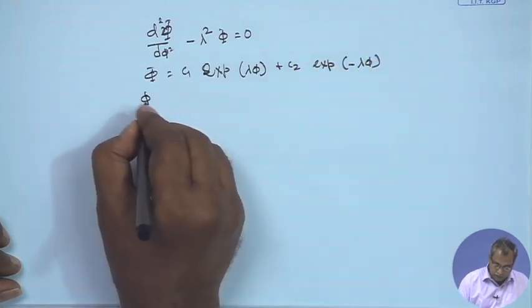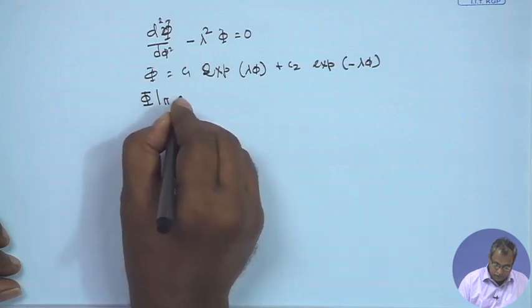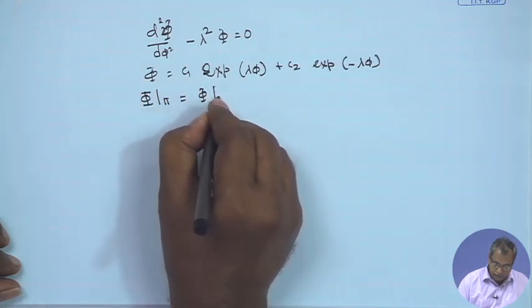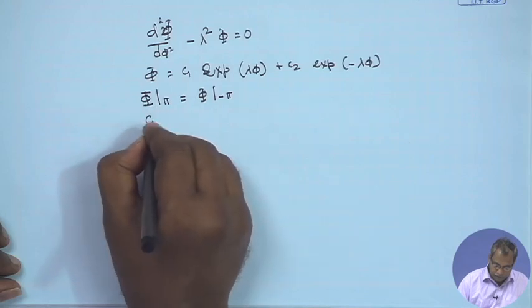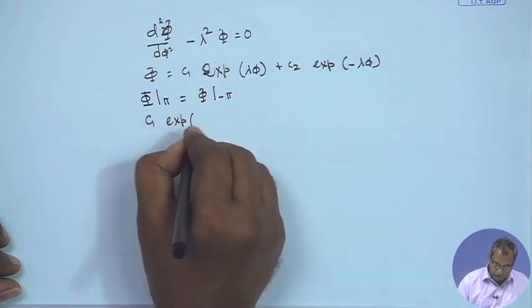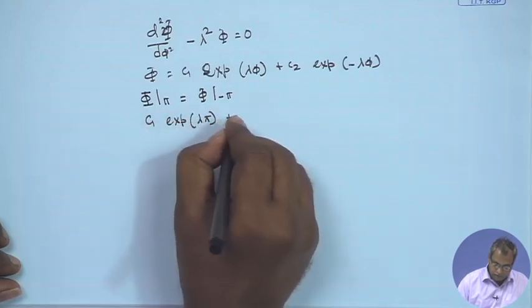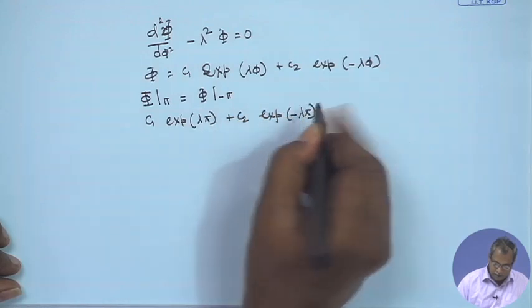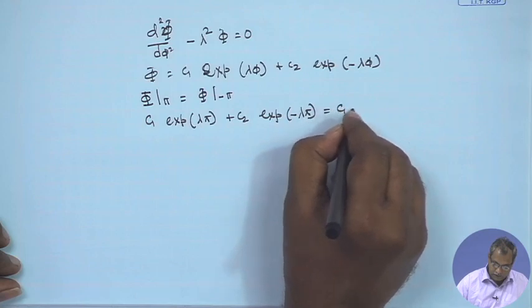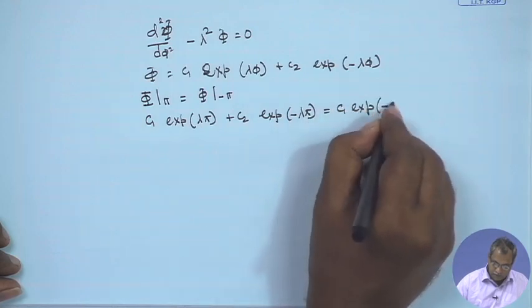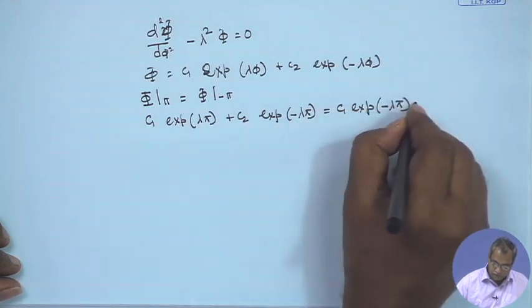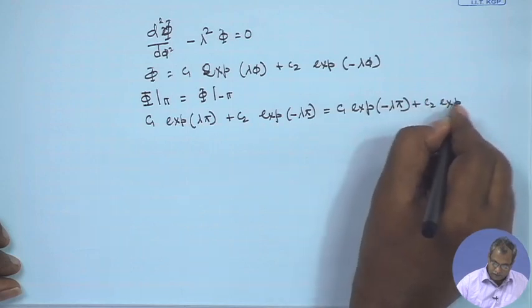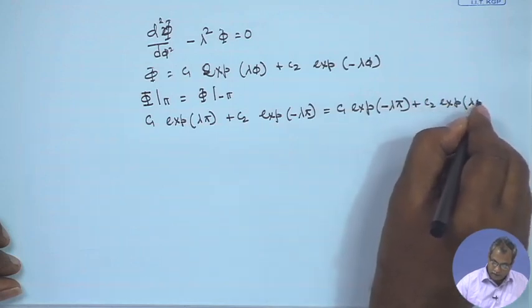Then we write down the boundary condition: phi at pi is equal to phi at minus pi. So, C1 exponential lambda pi plus C2 exponential minus lambda pi is equal to C1 exponential minus lambda pi plus C2 exponential lambda pi.